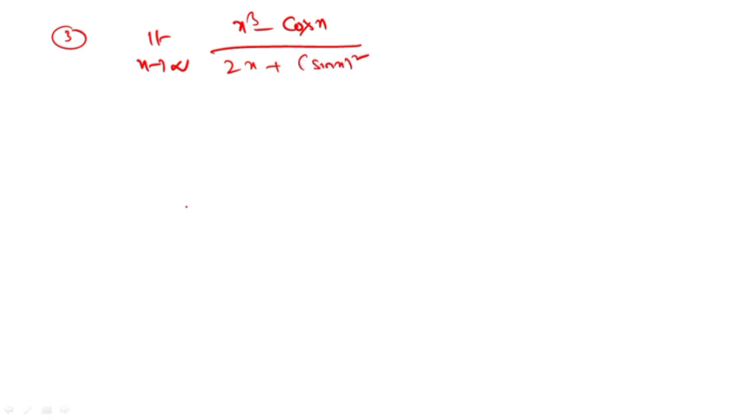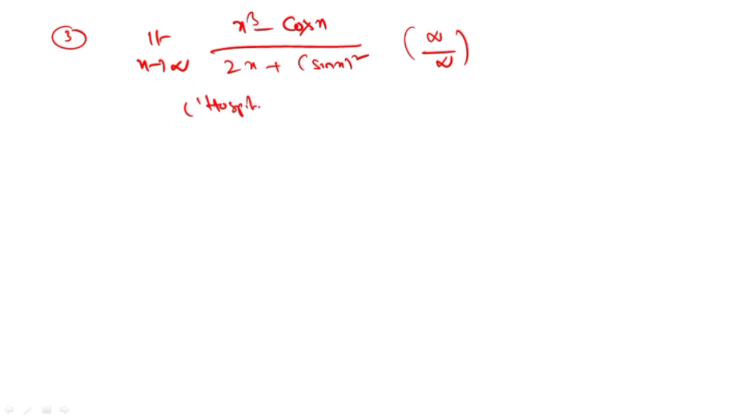Now I go for another problem. Limit x tends to infinity, (x cube minus cos x) by (2x plus sin x) whole square. So this is also in the form of infinity by infinity.